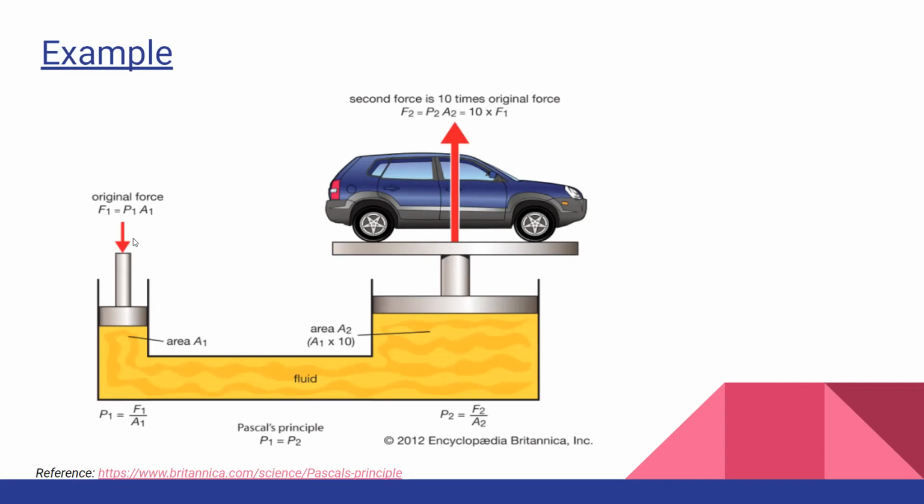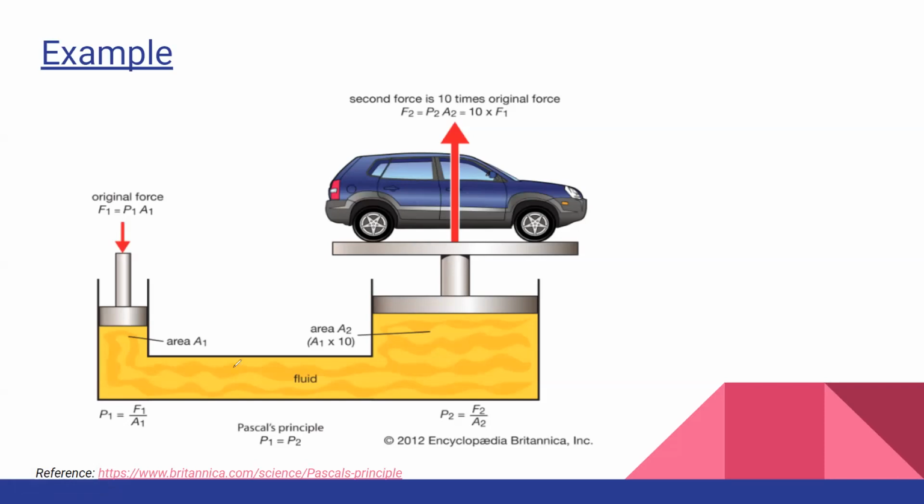There's an original force that's applied to one end, and let's call this F1. F1 can be expressed as P1 times A1, so P1 is equal to F1 over A1. At some point, there's a force exerted on the other end. Let's call this F2. We divide by A2, the area of the second piston, and we get P2. So P2 equals F2 over A2, and P1 equals F1 over A1.